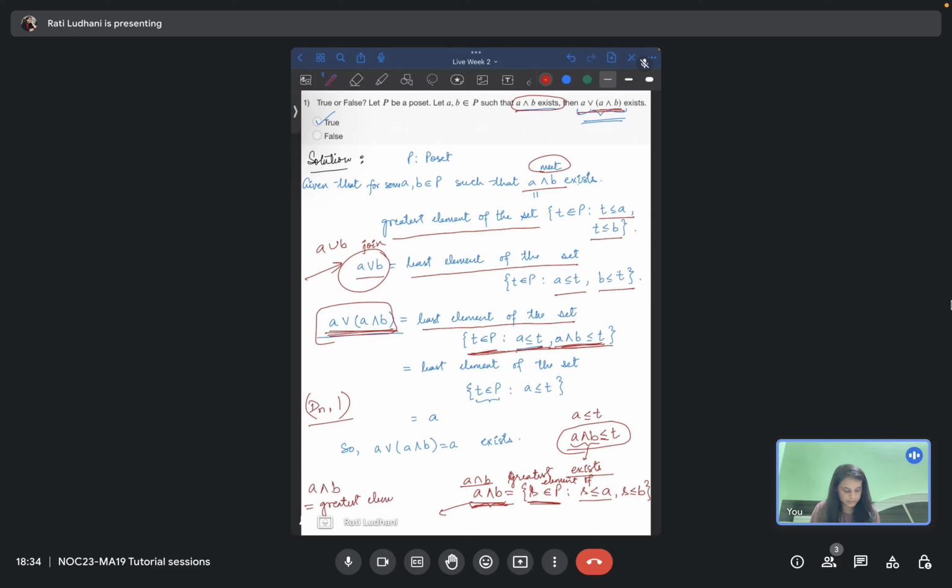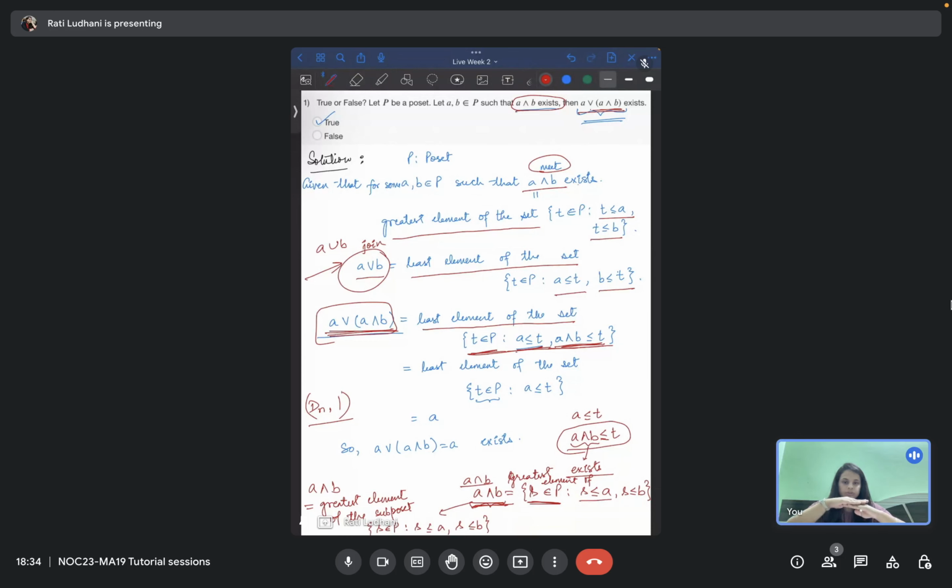So the greatest element of the set, if you want to say subposet, you can write, of the subposet of S belonging to P such that S is less than or equal to A and S is less than or equal to B. So from the downside, you are going up and up, and you will stop at A and B. Okay, so it's like that.